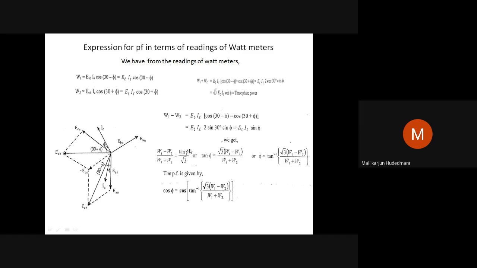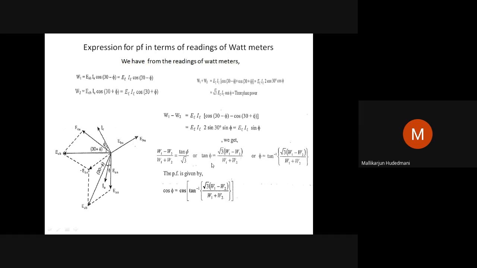So now I will make phi the subject of the equation. Therefore, tan phi equals root 3 into the difference of wattmeter readings divided by the sum of wattmeter readings. Ultimately my interest is the power factor, which is the cosine of the angle. So from this tan phi, I apply inverse tan.